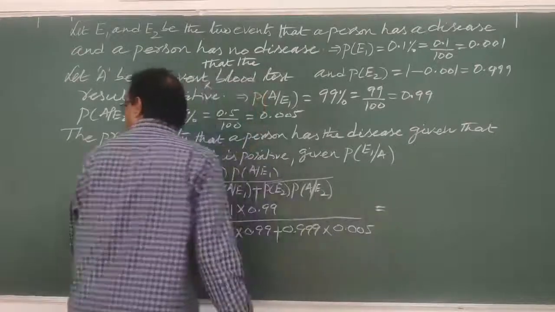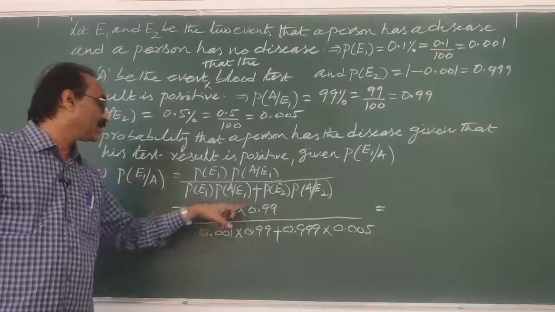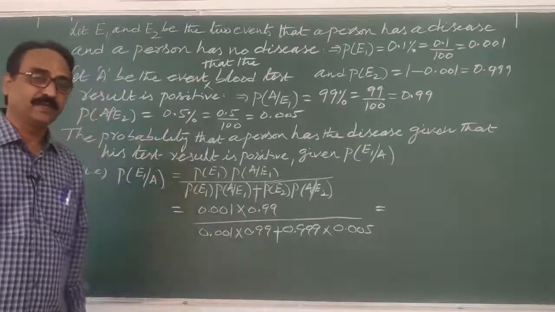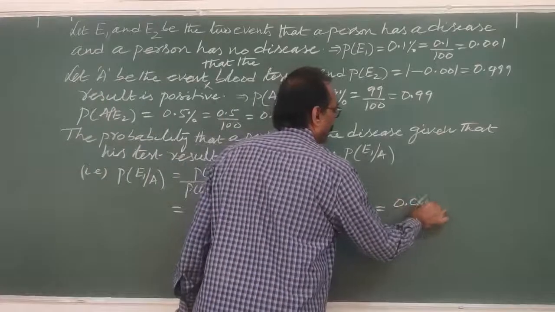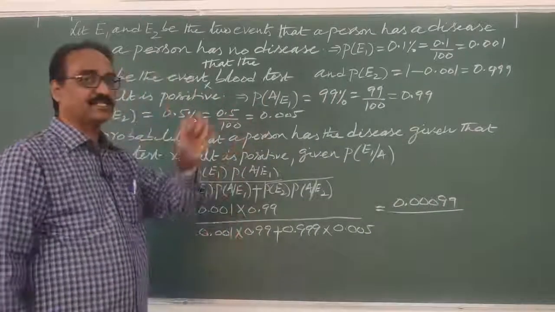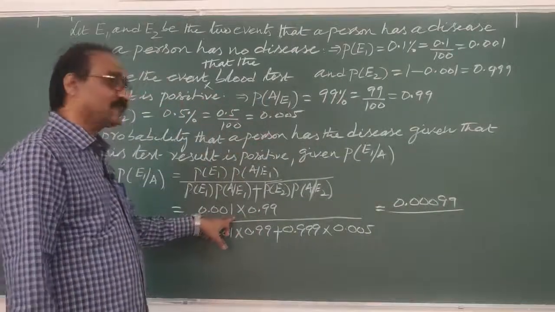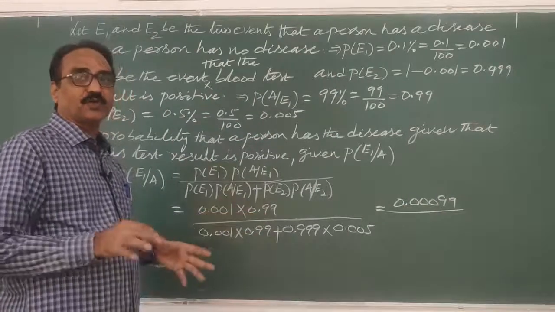Now just multiply. Here 3 plus 2 is 5, so 5 digits should come after the decimal point. Here 3 digits are after the decimal point, and here there are 2. 3 plus 2 is 5. So 5 must be there.